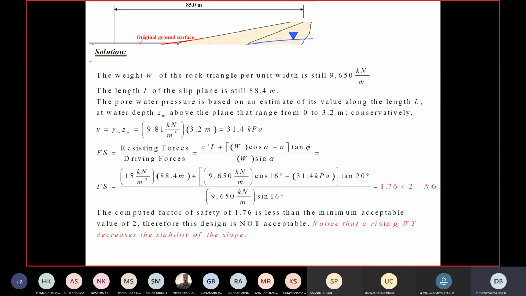So the takeaway from this sum is, as the water table rises, the factor of safety decreases. This is what, as a geotechnical engineer, you must understand.